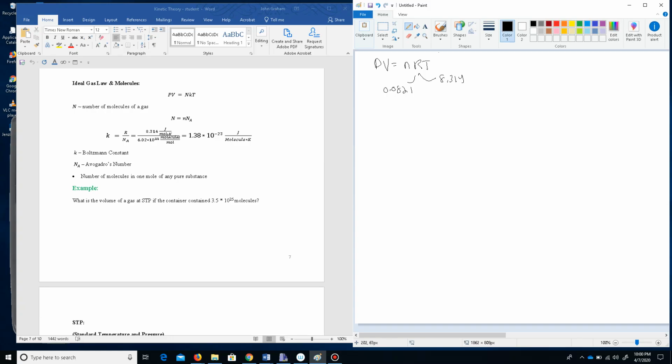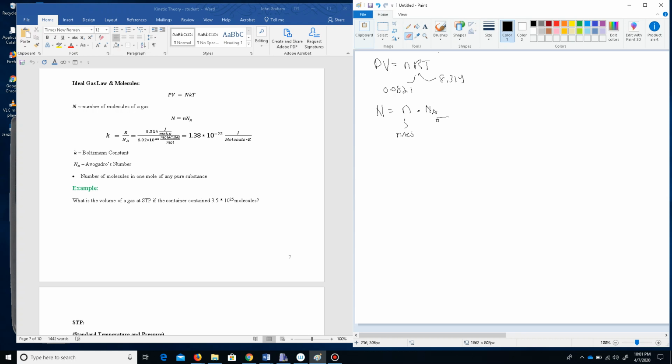Okay, now the next thing we're going to look at is the ideal gas law with molecules. There's a couple of things we're going to get into. One, capital N is considered the number of molecules, and capital N equals little n, which is the number of moles, times Na, which we call Avogadro's number.